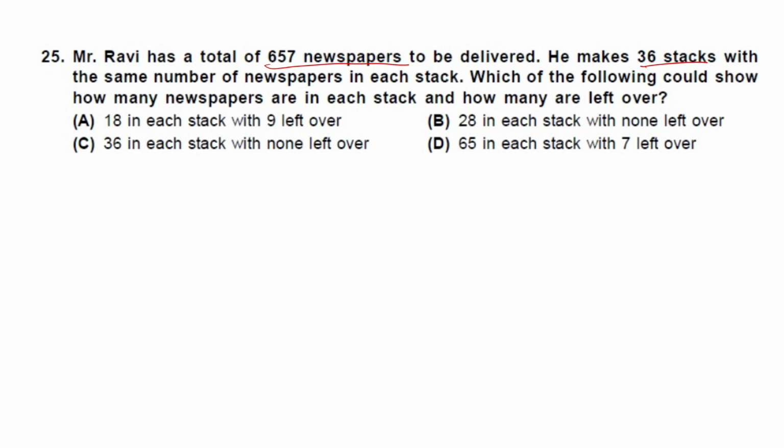Well, read the question and also the options. Now what it says is that it is possible that we may get some left over. So let's start by dividing 657 by the number 36. Now before solving, let me show you a trick. Since these numbers are too big, what I do is first I try to reduce this.